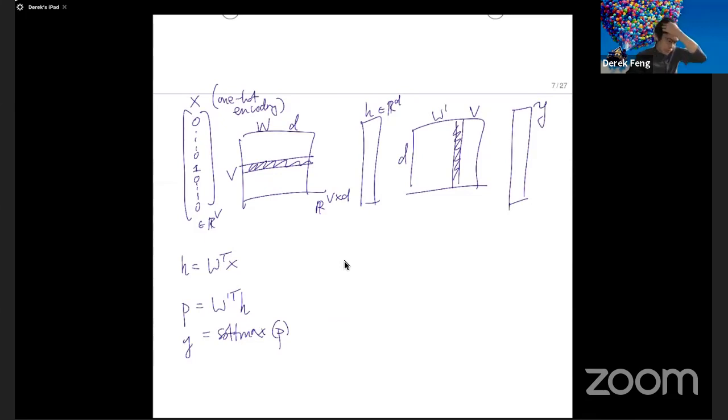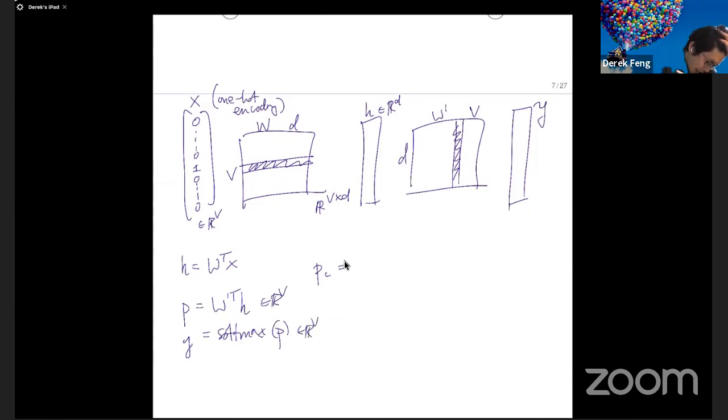Okay, so I'm being very slow about this because what actually is going on is that the Cth index of P is going to be, okay, so let's write this. P is a vector in R^V, Y is also a vector in R^V.